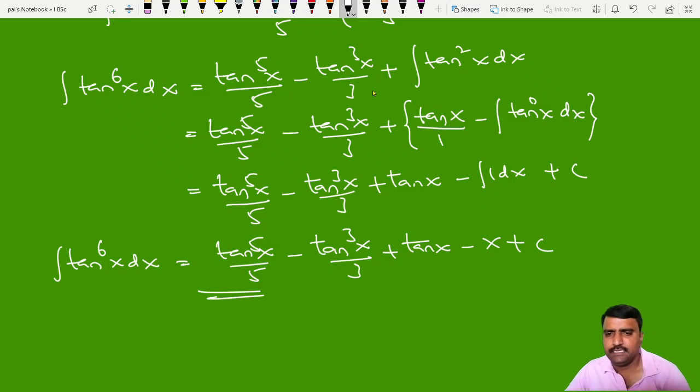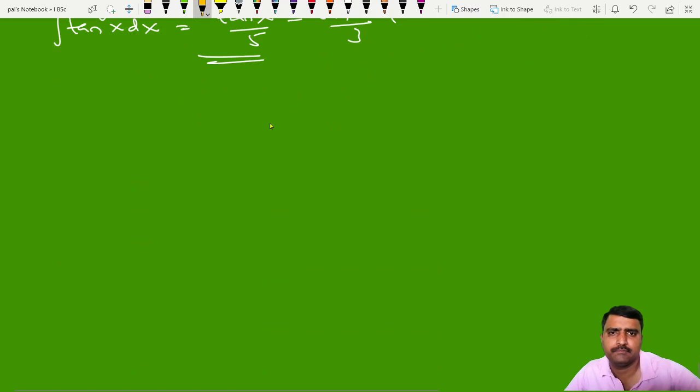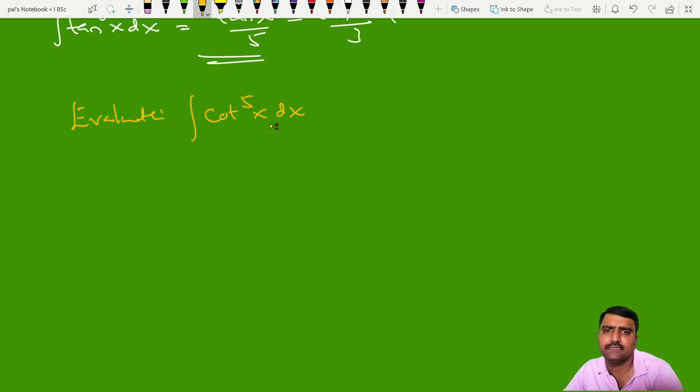Similarly, evaluate integration of cot to the power 5x dx.